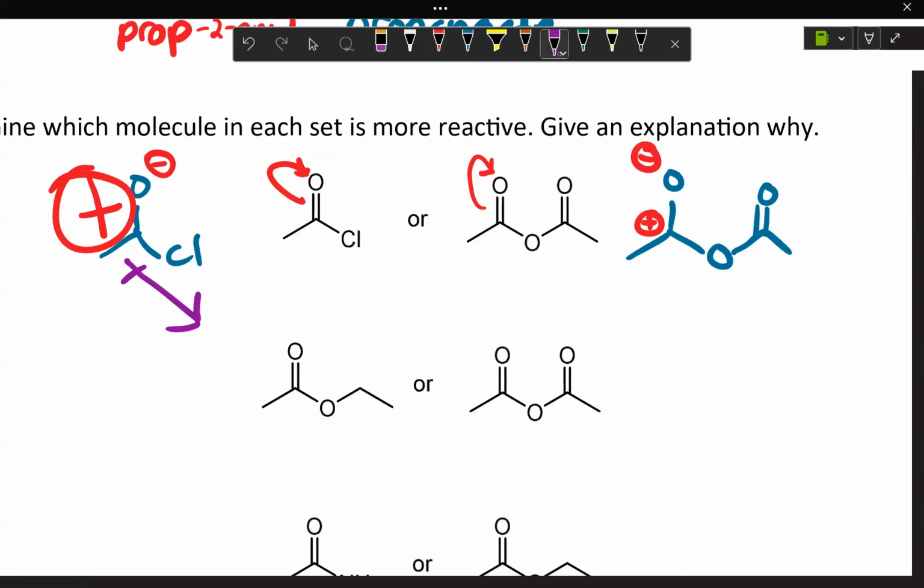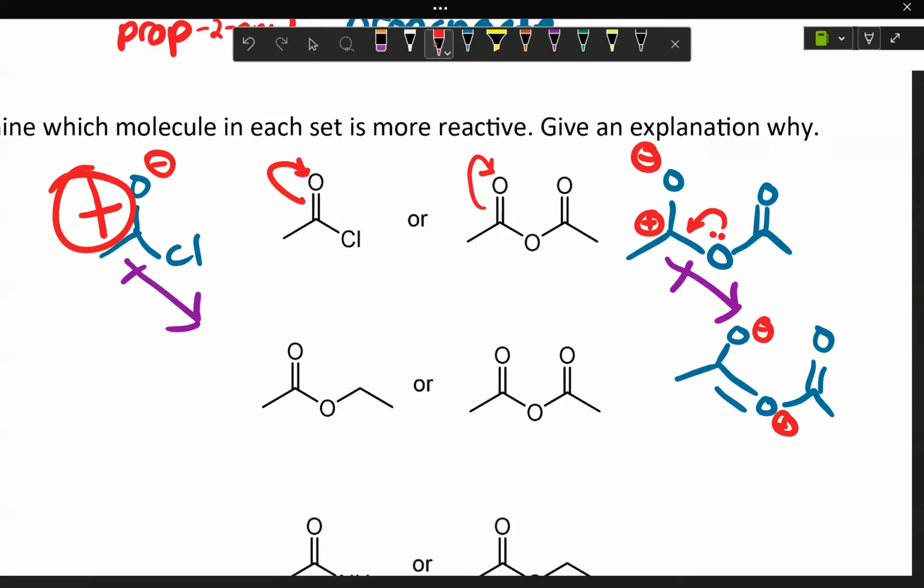And oxygen itself is also pretty electronegative, so it's going to have a pretty big dipole here as well. But because oxygen is more willing to do that resonance structure, that makes this molecule more stable than the acid chloride.